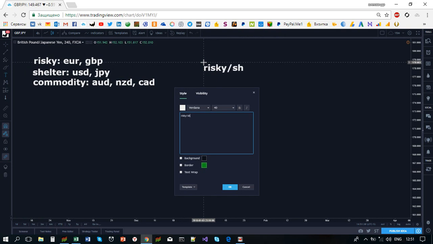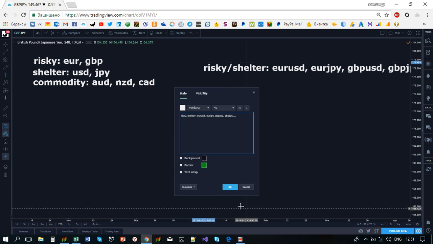And what are these pairs? They are Euro USD, Euro JPY, GBP USD, GBP JPY, and so on and so forth. You can enlarge the list to infinity.